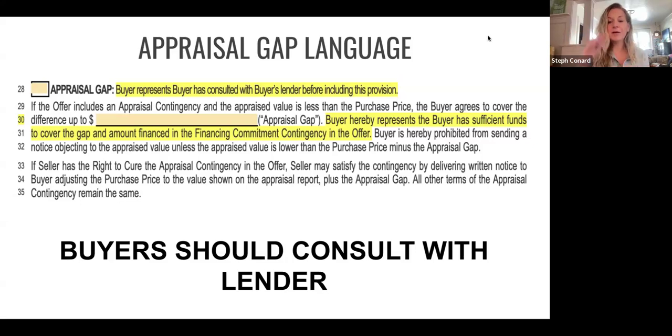But again, it has to be that purchase price minus what they wrote in on line 30. And then they have an ability to negotiate with the seller or serve a notice of defects. Again, these are going to be conversations with your buyer on what to put in on line 30 in terms of the gap.